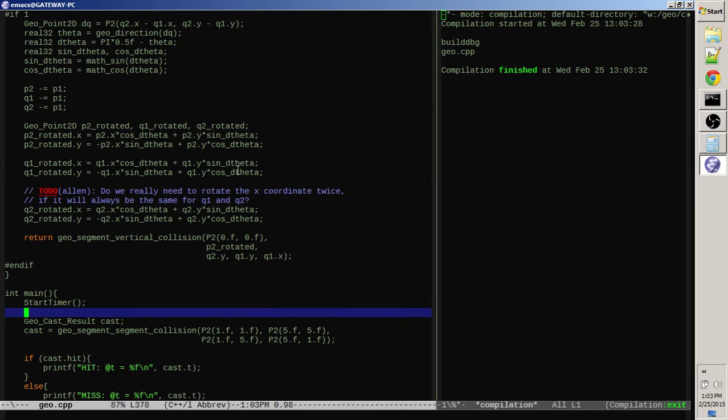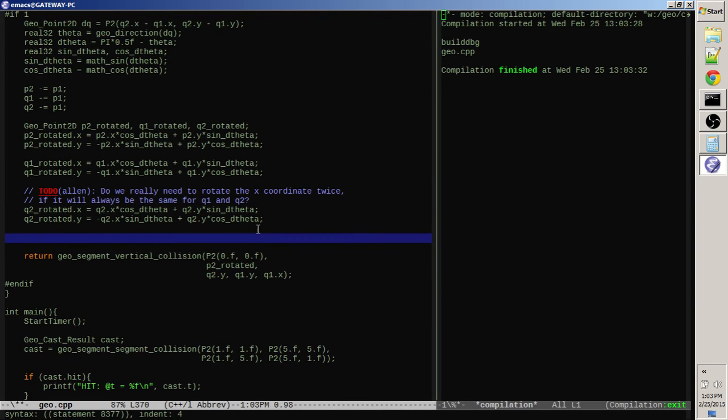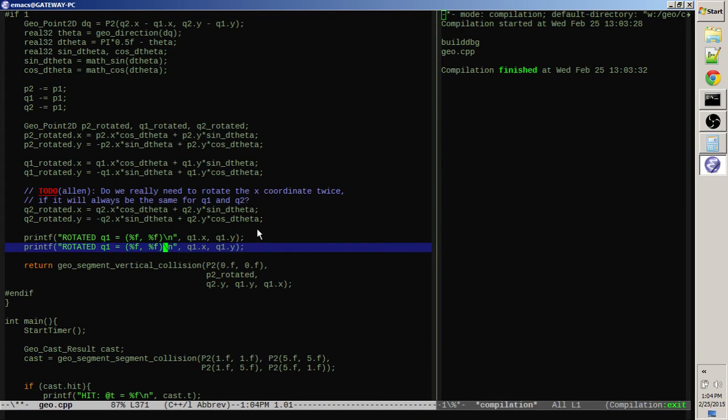So let's take a look right here at what the rotated points are. So we're going to printf rotated q1 equals, and then we need an f and an f, and then that'll be q1.x, q1.y, and then we want a q2.